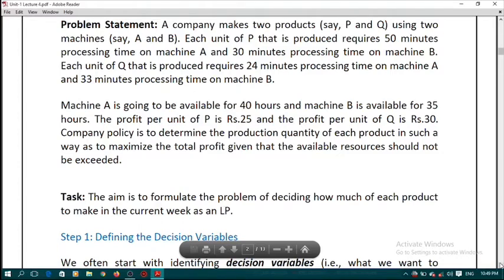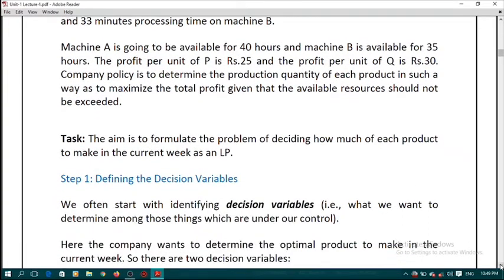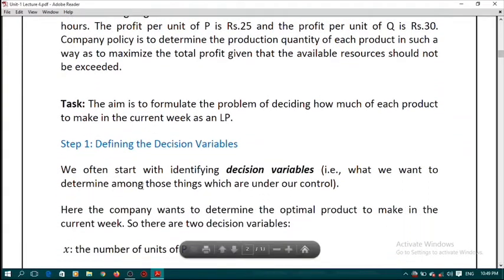So the first step is defining the decision variables. We often start with identifying decision variables. That is what we want to determine among those things which are under our control. Here the company wants to determine the optimal product quantities to make in the current week. So there are two decision variables.